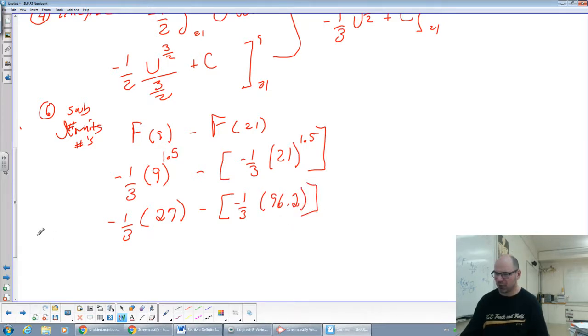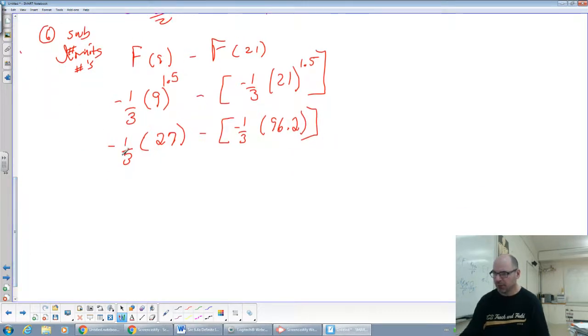Okay, so now we have to work it out. Negative 3 times 27, that's 27 divided by 3, that would be negative 9. Then 90, I'm just going to keep that on my calculator and divide by the negative 3. That's 32.1. I get 0.7.